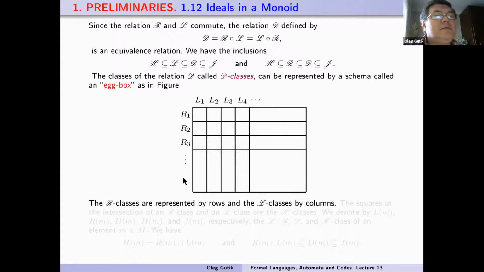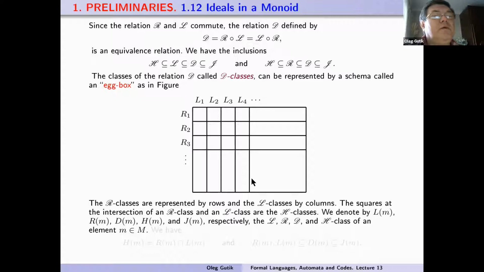An R class is represented by a row and L classes by columns. The squares, as the intersection of an R class and an L class, are H classes. We denote by L(m), R(m), D(m), H(m), and J(m), respectively, the L, R, D, H, and J classes of the element m from the monoid M.